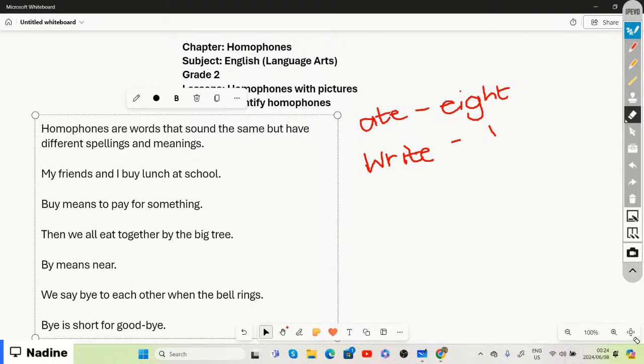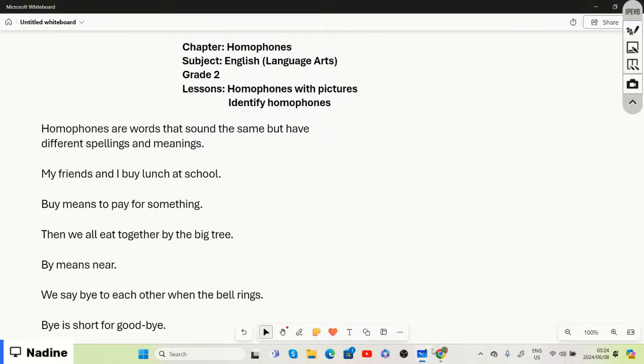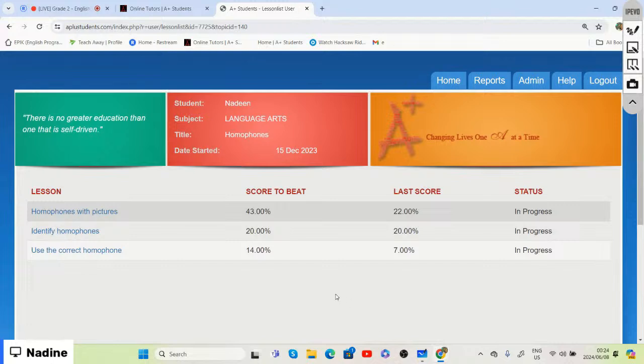So we're going to do homophones with pictures, and we're going to identify homophones. So now let's go to aplusstudents.ca, and then we are going to the first lesson, which is homophones with pictures.